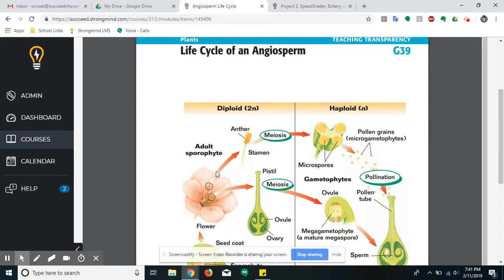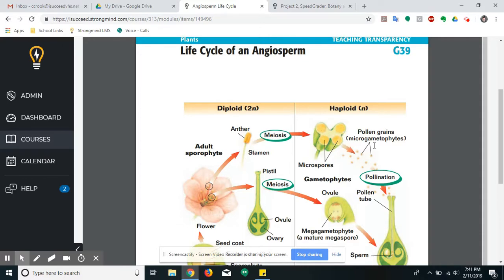So like the flower would be diploid, and during this phase you even have the anther and the pistil that are also diploid. However, after they go through meiosis, the anther makes the pollen, which is the male, if you want to apply it to the human process. We like to do that sometimes. The anther is the pollen or the male reproductive cells.